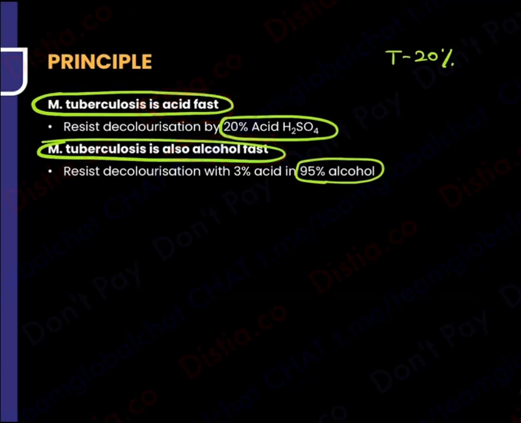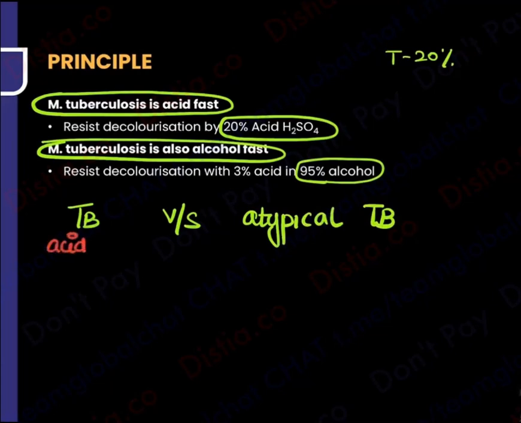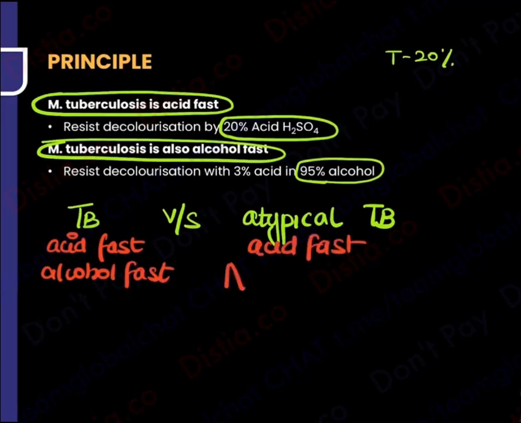If you're talking about TB versus atypical TB, the ones that I will teach you in the end, TB is going to be both acid fast and alcohol fast. When you're talking about atypical TB, everyone is acid fast, but it is not alcohol fast. This is a very important difference that you have to know, right?